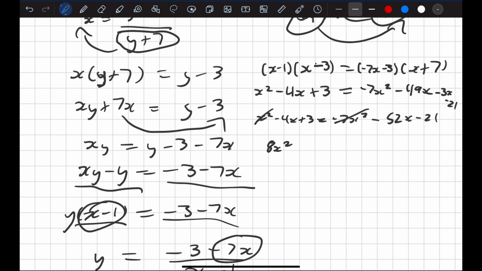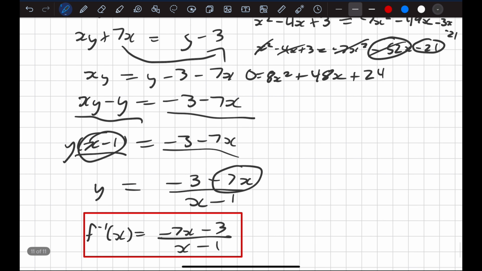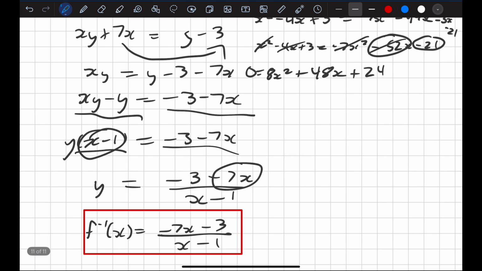Negative 4x plus 52x is positive 48x. Positive 3 plus 21 is positive 24. This is all equal to 0. Now we also see that everything is divisible by 8, so let's go ahead and do that.